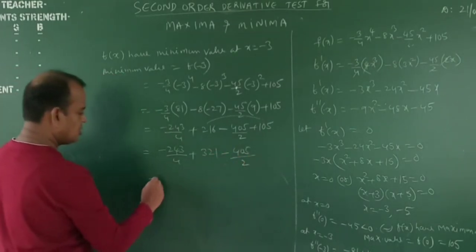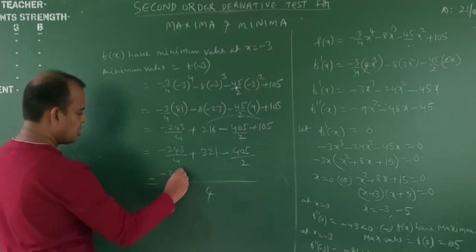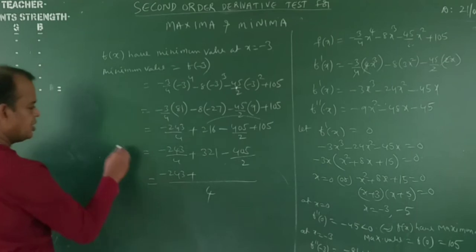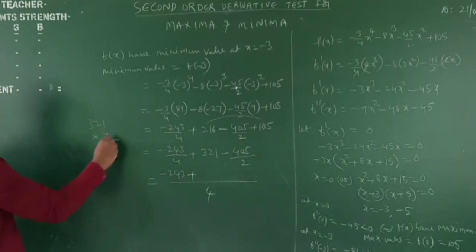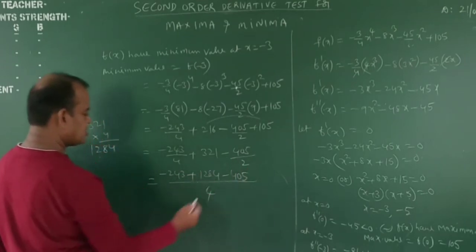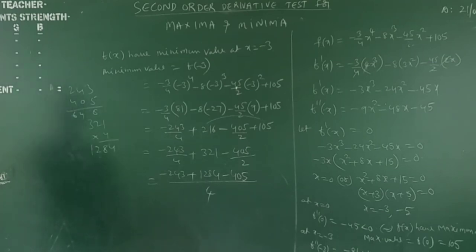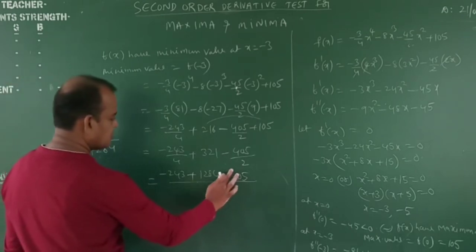My dear students, now what is going on here? 4 is the LCM: minus 243 plus 321 into 4, that is 1284, minus 810. Sorry, here 2 is there, so 405 into 2 is 810.